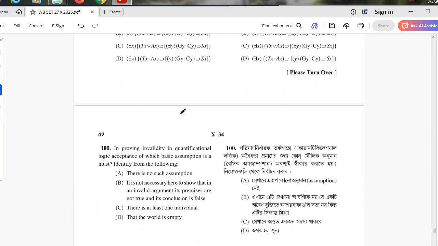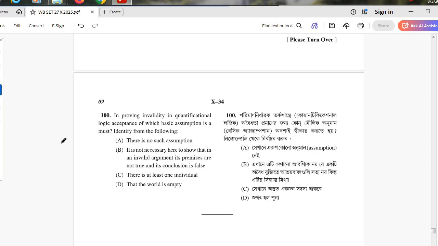Okay. Question number 100 and the last question. In proving invalidity in quantificational logic, acceptance of which basic assumption is a must? Identify from the following. A, there is no such assumption.